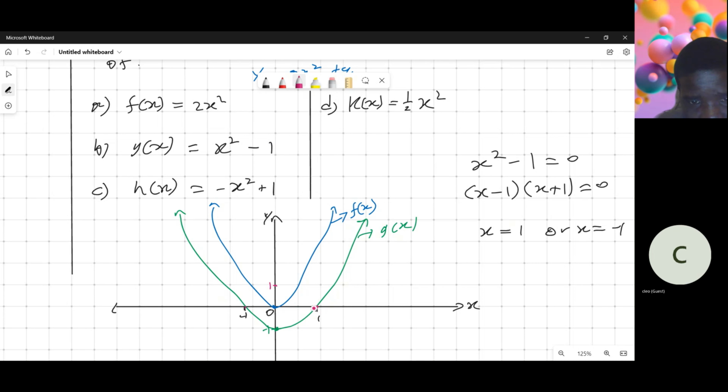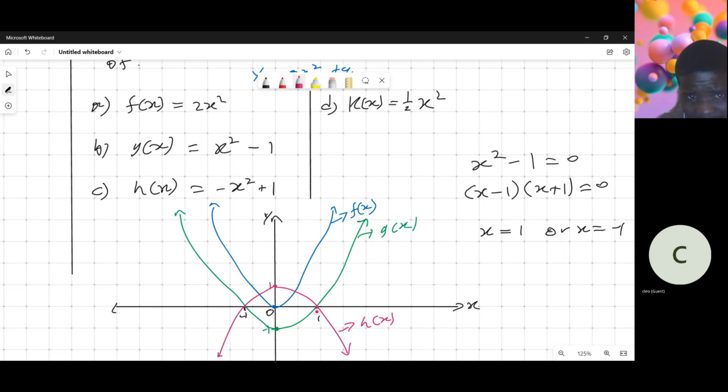They're going to have the same x-intercept, though it's concave down. We will calculate it and prove it. So it's going to have something like this, a concave down graph passing there. This is going to be our number C. We're going to call it h of x.